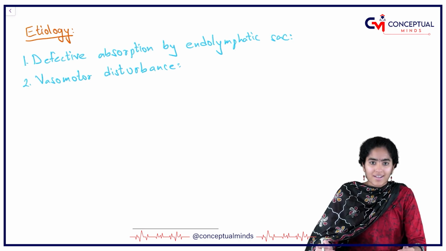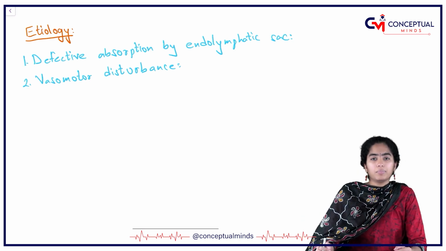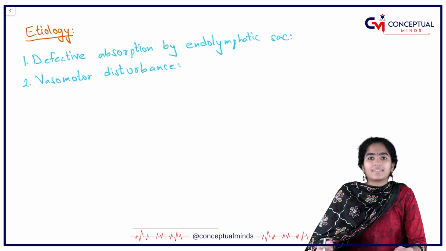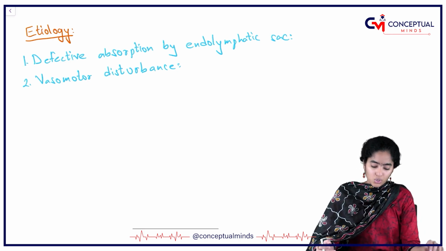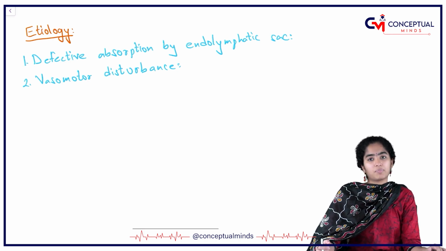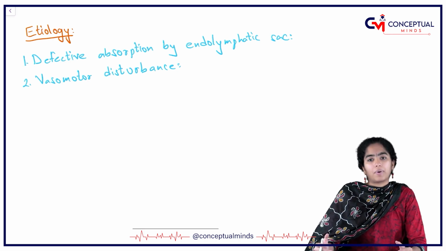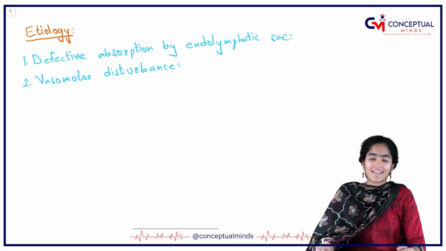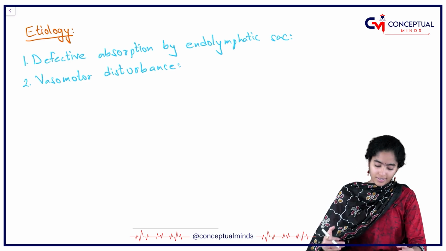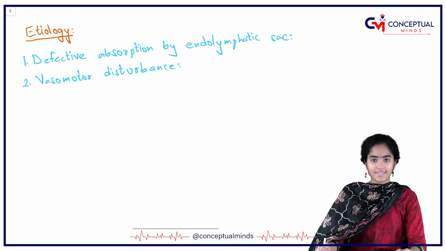When the capillaries of stria vascularis are damaged, they lead to increased permeability of substances through them, and that will lead to increased production of endolymph. So the second theory states the increased production part of the disease. Endolymph is excessively produced, and that is the cause for Meniere's disease.